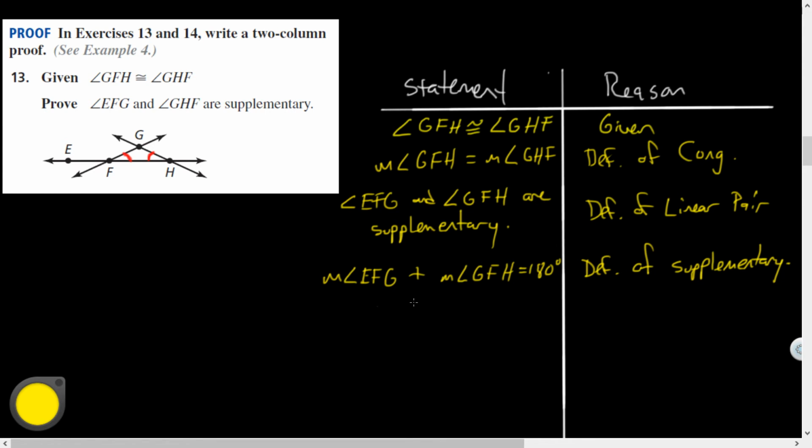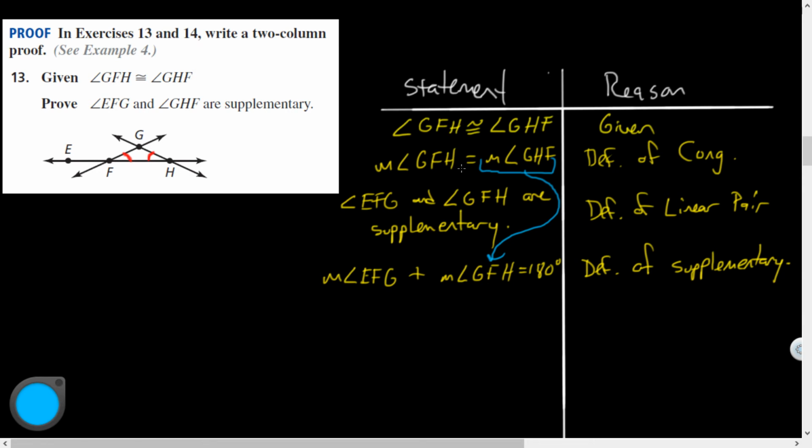Okay, so if these add up to 180, does anyone see something I can do that's going to get me closer to my conclusion? For my substitution, I usually use the light blue, the turquoise. Are you guys feeling that?